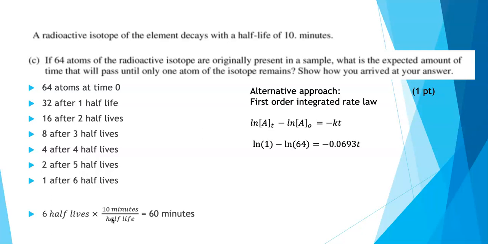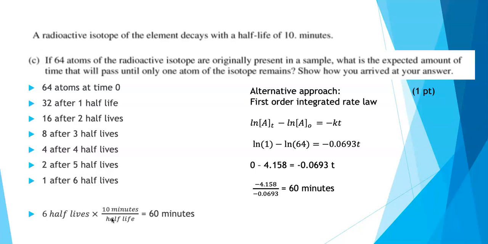Hopefully you know that the natural log of 1 is 0, but you can just get that from your calculator. The natural log of 64 equals negative 0.0693 t. Solve for t, and again you get 60 minutes, which is reassuring that you got the same answer. So either approach is fine. You do need to show your work either way.